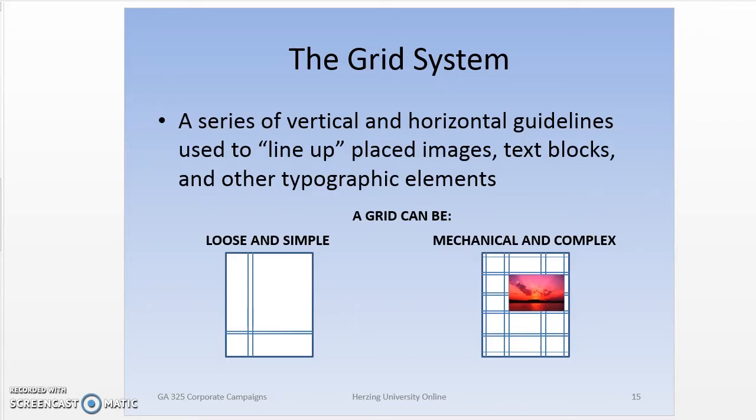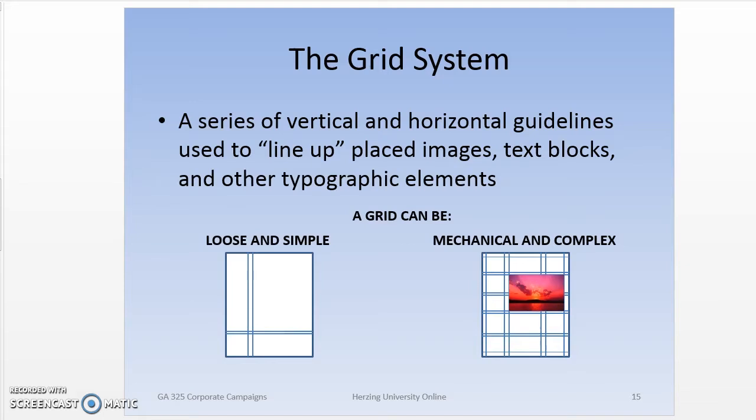A grid can be just a few guidelines or a series of horizontals and verticals forming a complex set of modules. As you can see in this example, we have two different ones. We have a loose and simple one, which gives you a little bit of guidance by only having the page broken into quadrants.